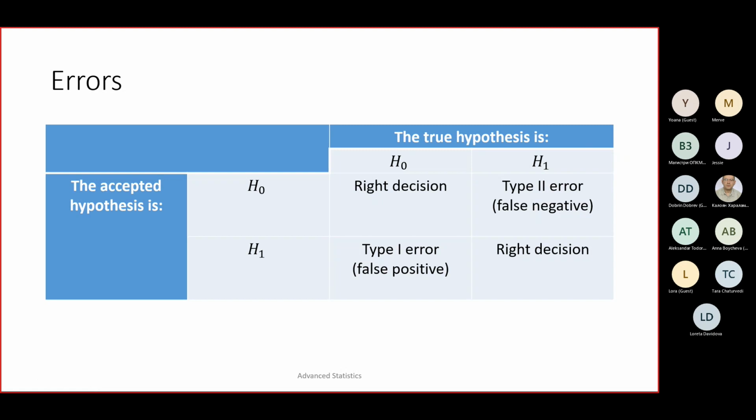So this example was important because when we test hypotheses, both types of errors are possible. And since both errors are possible, we want to minimize them. We want to minimize the probability of both errors.